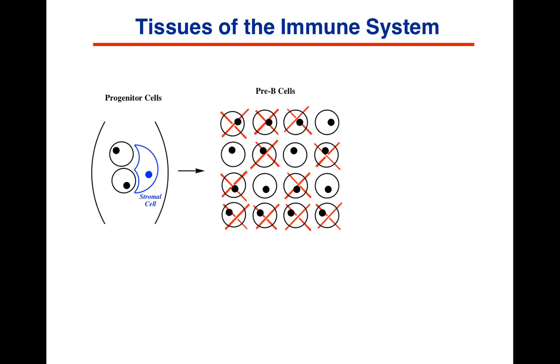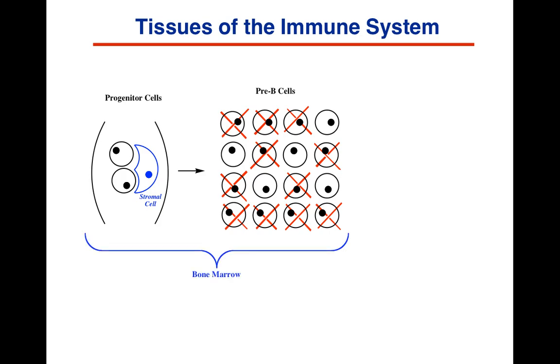We're not really sure how this is done in a lot of detail, but roughly 75% of the pre-B cells are eliminated because they don't express antibody very well, or the antibody they do express seems to react with self-antigens. So there's a lot of cell death that actually happens, in which you eliminate these cells from that system.